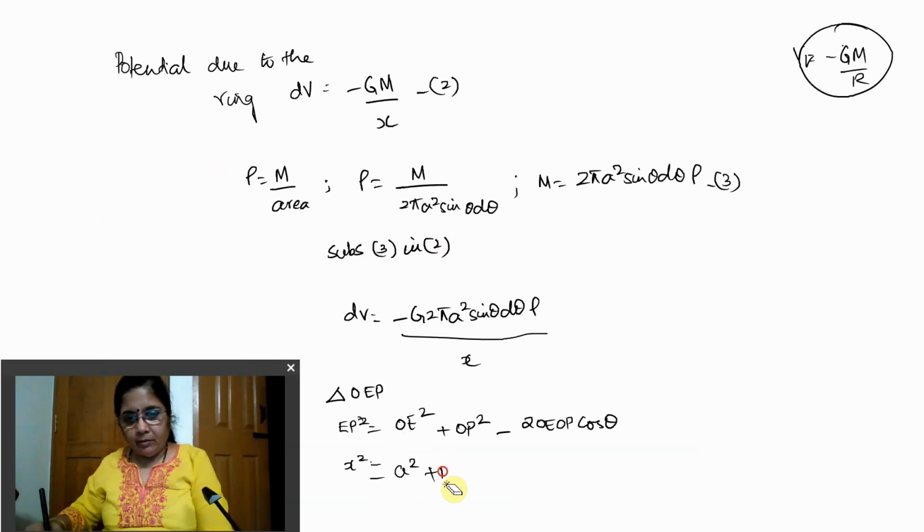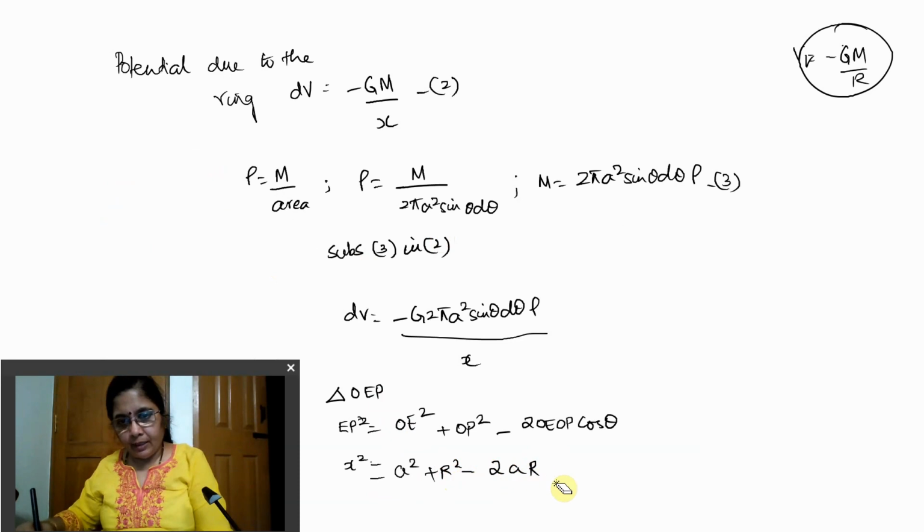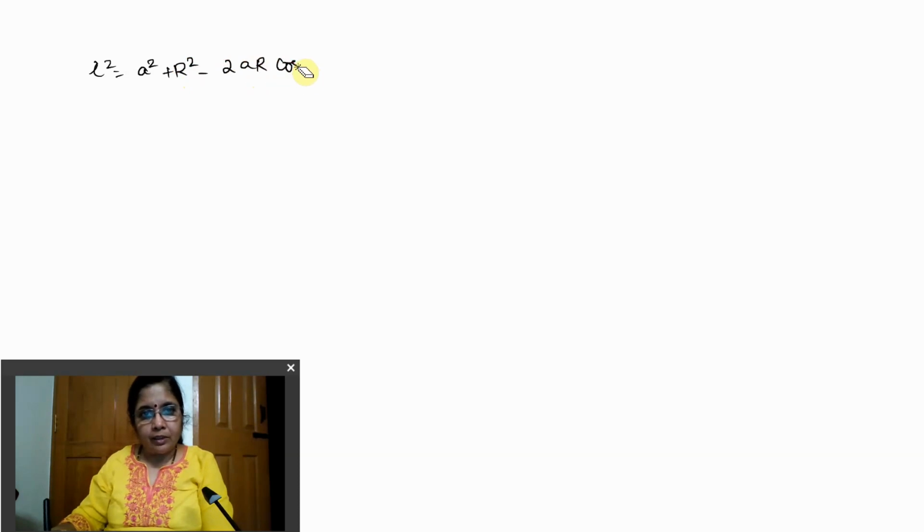So a square plus R square minus 2 OE OP cos theta, where OE is a and OP is R. Let me write this again here: x square is equal to a square plus R square minus 2 a R cos theta.